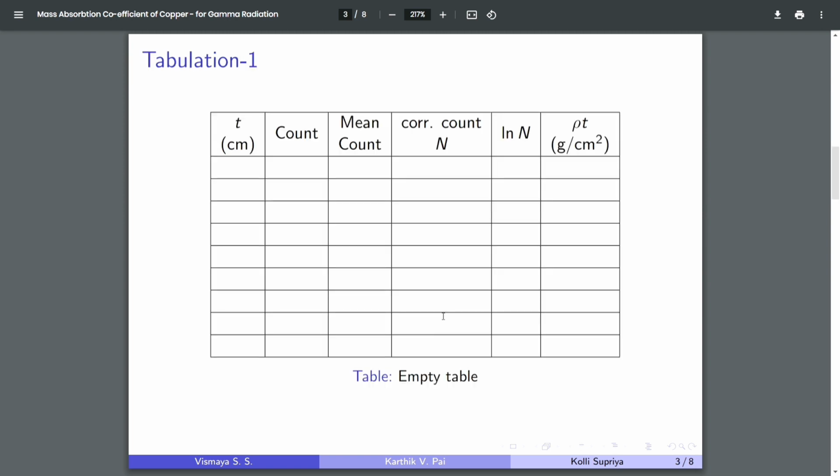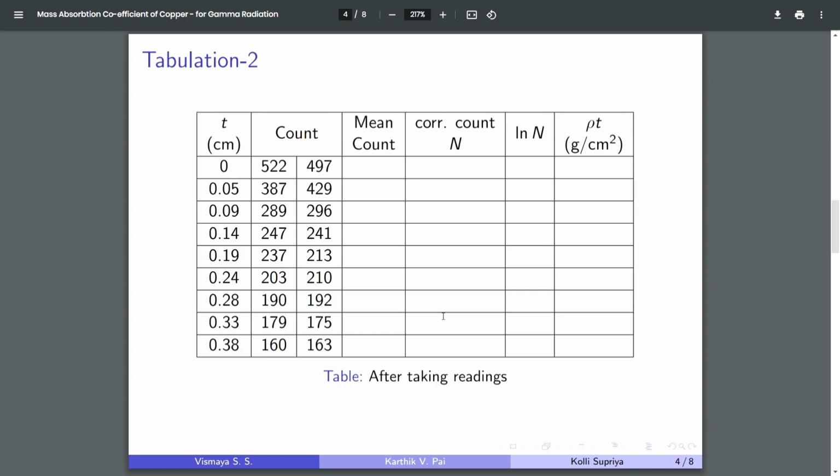Tabulation. The columns required are thickness of copper plates, counts, mean count, corrected count, ln N, and rho t. The values obtained during the experiment are filled in the tabular column as shown. The thickness and the counts that were taken by the Geiger-Müller counter are tabulated in the given table.